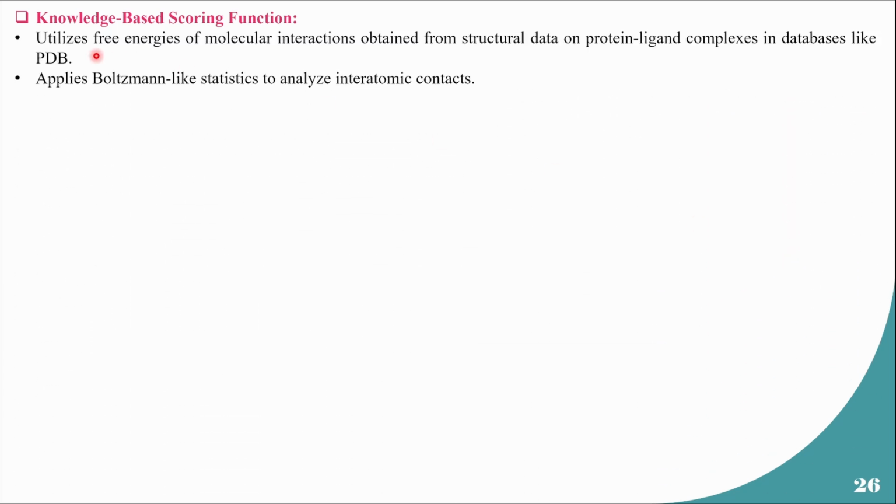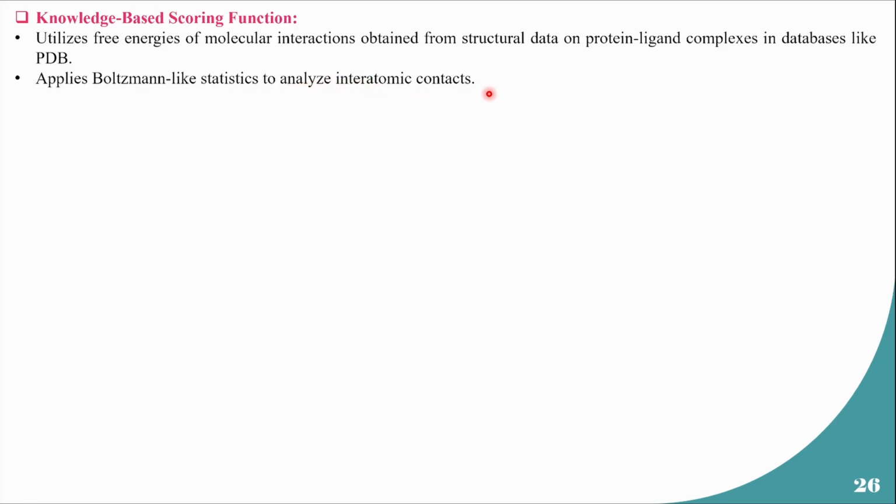Now the other one was the knowledge-based scoring function. What it does is utilize the free energy of molecular interactions, which can be obtained from structural data of protein-ligand complexes from databases like PDB. And it applies Boltzmann-like statistics to analyze interatomic contacts.